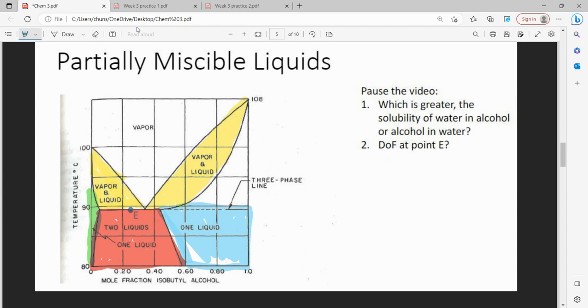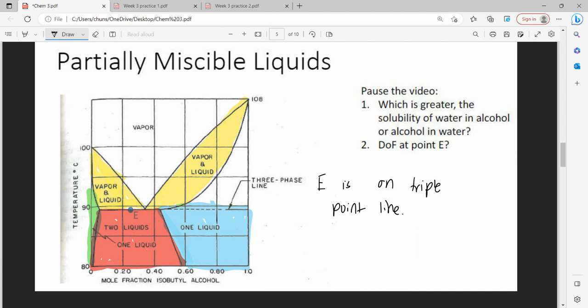So we are asked for degrees of freedom at point E. And if you look at E, it lies on the triple point line. So what does that mean?